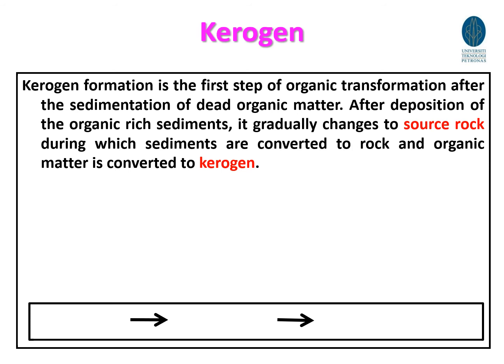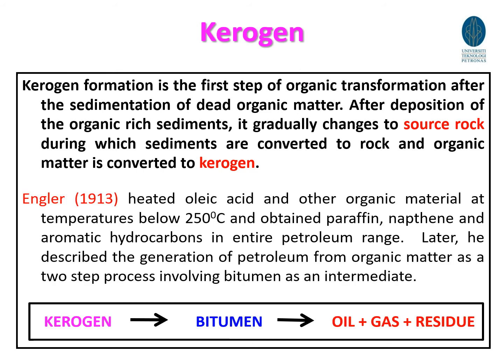Right, so this kerogen will later be converted to bitumen by primary cracking at temperatures above 50, and later will produce the oil, gas and residue during catagenesis. So this is the two step kerogen transformation that has been proposed and documented by Engler 1913.